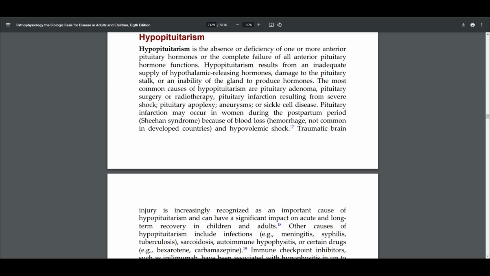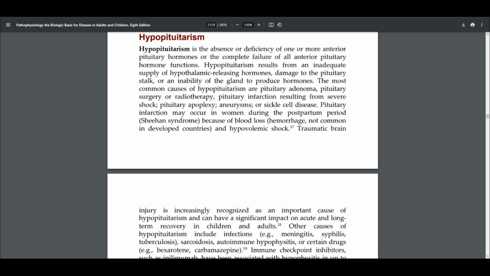Hypopituitarism results from an inadequate supply of hypothalamic releasing hormones, damage to the pituitary stalk, or an inability of the gland to produce hormones. The most common causes of hypopituitarism are pituitary adenoma, pituitary surgery, or radiotherapy. Pituitary infarction results from severe shock, pituitary apoplexy, aneurysms, or sickle cell disease.